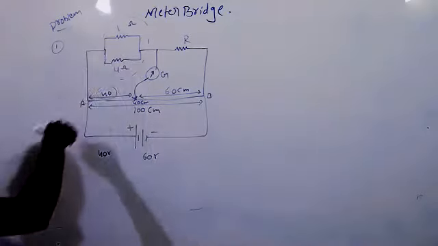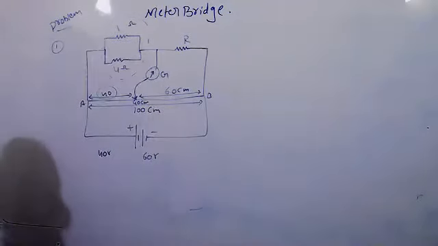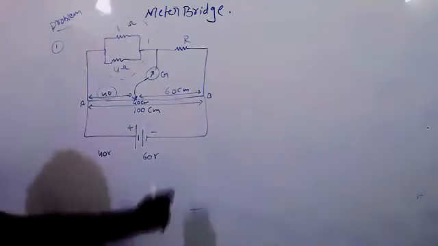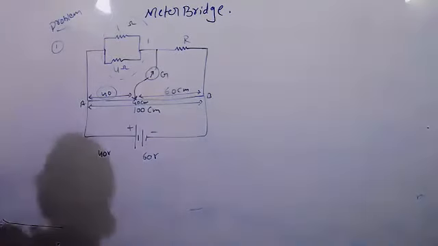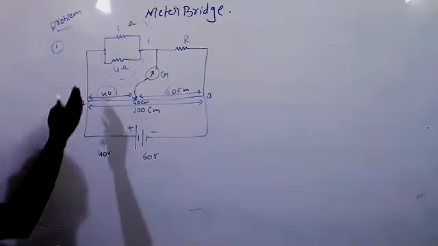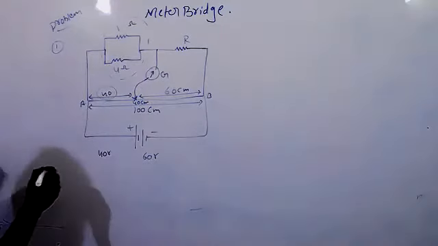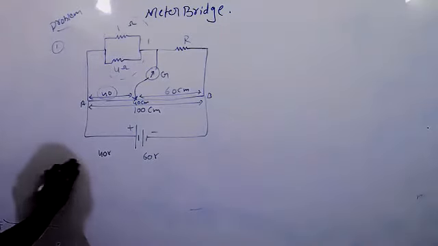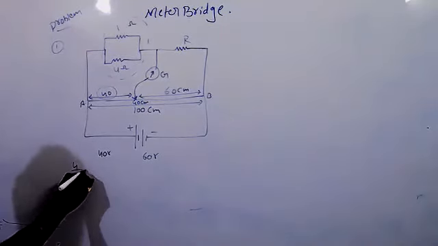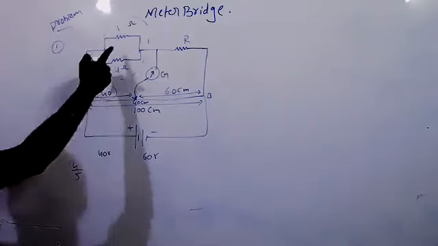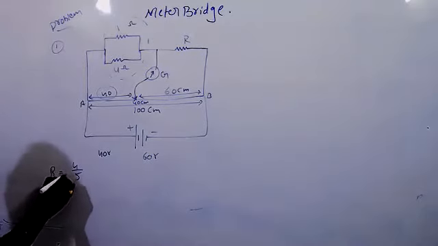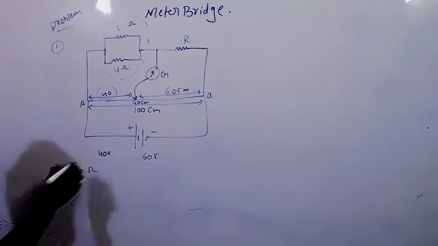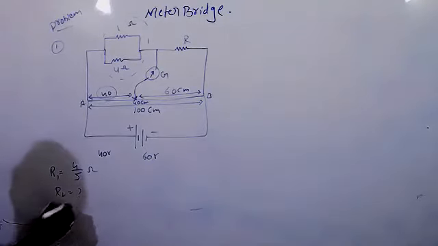Calculate this R. So P by Q equals R by S. R1 is 4 by 5 ohms, R2 equals how much?